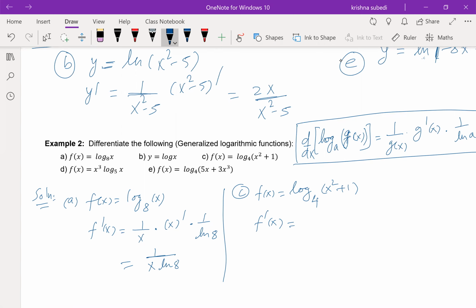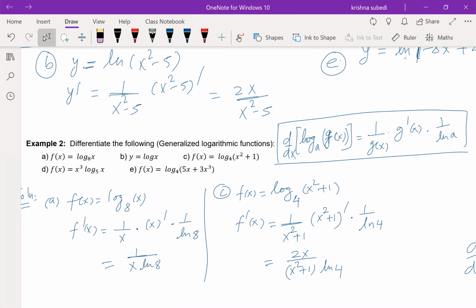That's going to be 1 over x squared plus 1, and then you need to find the derivative of this part, and then one extra factor, natural log 4. So this will be 2x, the derivative of this part, over x squared plus 1 times ln 4. Okay, any questions so far?